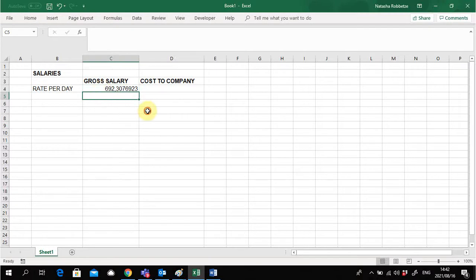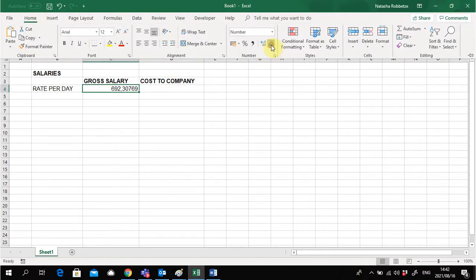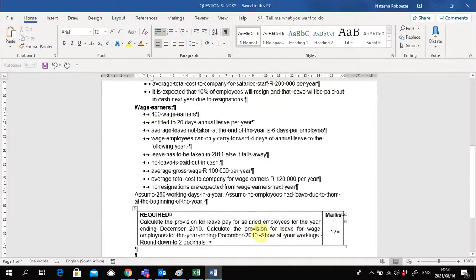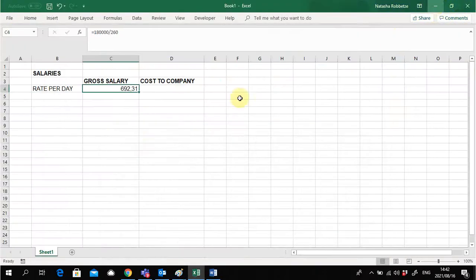So that gives us 692.31. I'm just going to round it to 2 decimals because in the required part it was the instruction to do so. They say calculate for December, show all your workings and calculate to 2 decimal places.